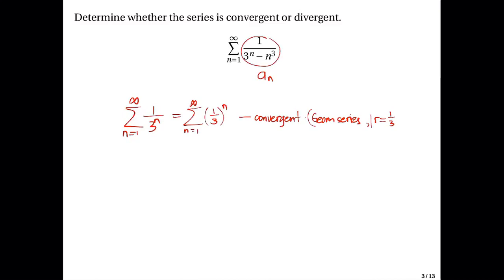So kung kuhain natin absolute value, 1/3 less than 1. Okay, so convergent siya. Okay? This kind of reasoning, ganitong line na to, ina-accept ko na to. Okay? So kung ganito yung magiging solution nyo, ina-accept ko tong step na ito.